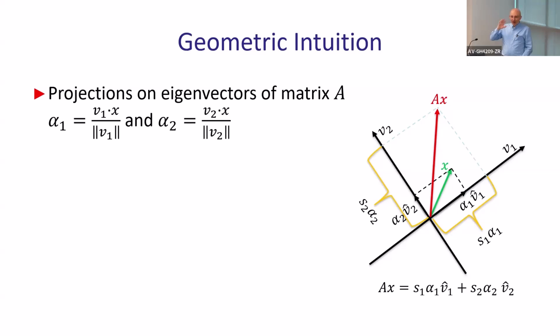So it will be just a regular dot product if it is already normalized, which means if I replace V1 with V1 hat, it will be just V1 hat dot product with X. And the second one will be V2 hat dot product with X. These are the projections, or sizes of the projections actually. This is the scalar size of that vector. All right, so far? So these are just projections.